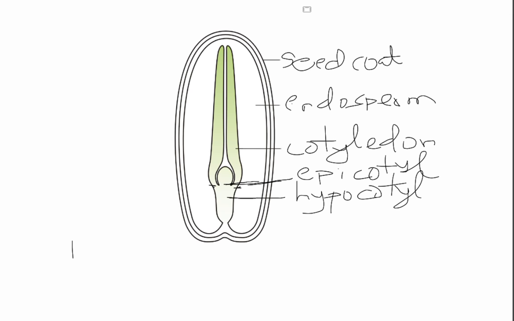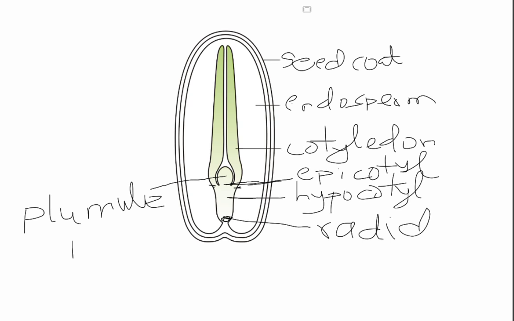Now above the epicotyl, this structure above is known as the plumule. And just below the epicotyl, this point here is known as the radicle. RADICLE, the radicle.